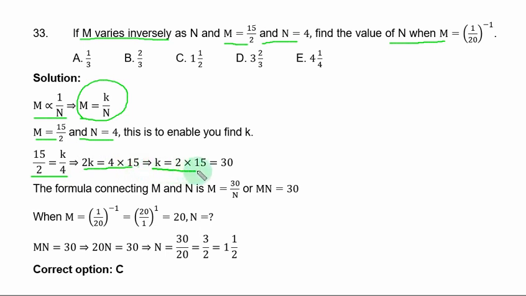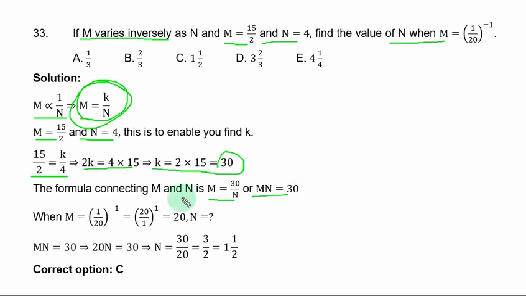K is equal to 2 times 15, and that is 30. After K is known, you simply state the formula connecting M and N. After you replace K with 30, you have it in this form, or MN is equal to 30.